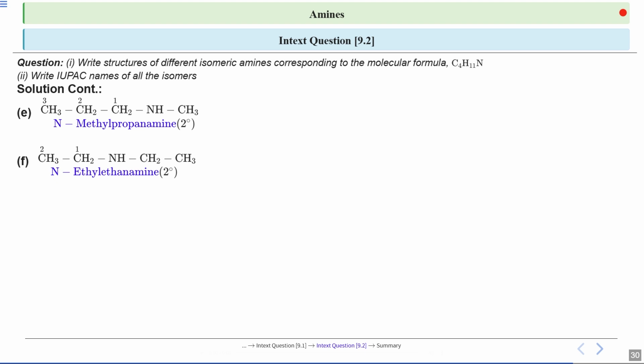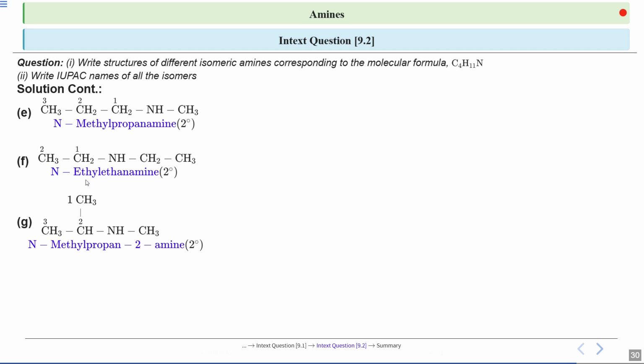I have selected this as the parent chain. I have done the numbering 1, 2, and this ethyl group is directly attached to this nitrogen. So this will be N-ethylethanamine. This is a 2-degree amine because this nitrogen is bonded with 1 hydrogen and 2 carbon atoms. This is another isomer of C4H11N.